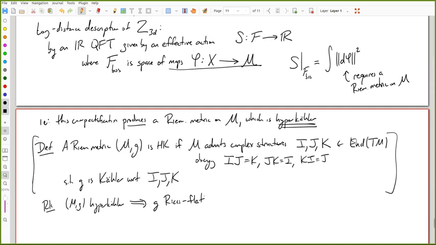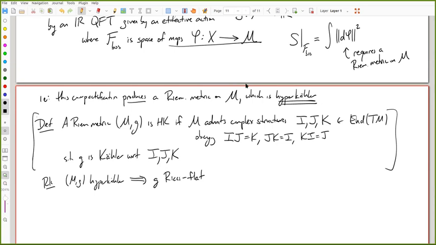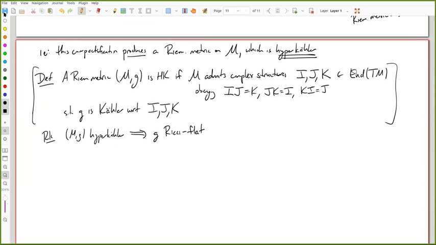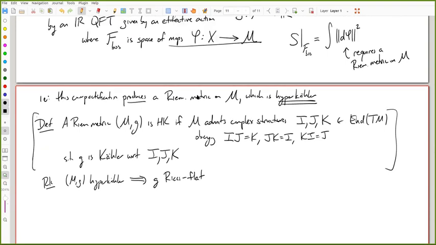So these are not that easy to come by. But here in this situation of an N=2 supersymmetric field theory, according to the physics, we're supposed to automatically get some hyperkähler space coming from it. And what I'm shooting for here is to explain how we use the physics to actually describe a little bit about this hyperkähler metric.